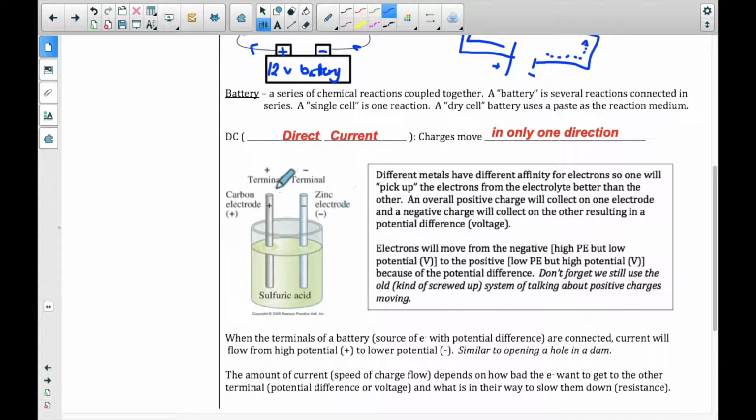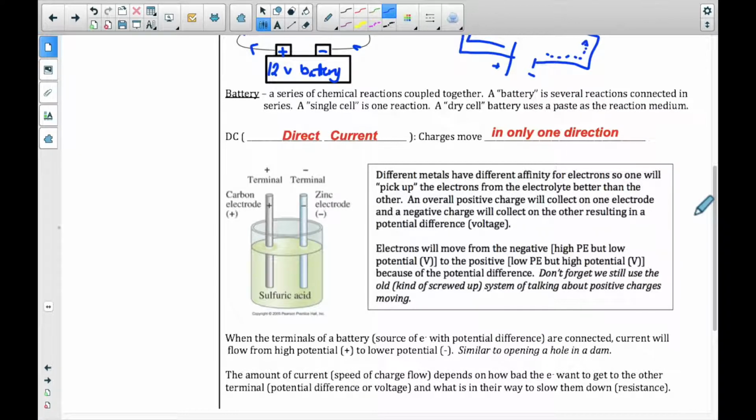And so here is a little bit of a diagram I was talking about, like maybe in chemistry, that you have different electrodes, and this one's made of carbon, this one's made of zinc. We have a sulfuric acid solution here, and we've got two terminals. So this is our positive terminal, this is our negative terminal. Let's look over here to this text box. Different metals have different affinity for electrons, so one will pick up electrons from the electrolyte better than the other.